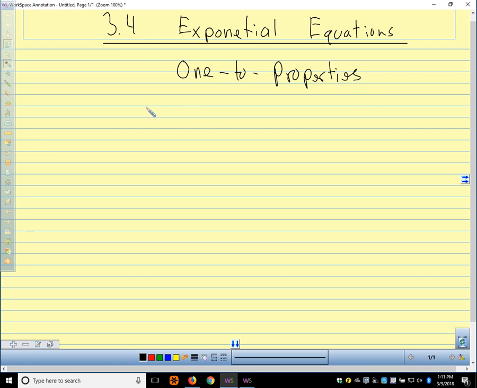Our one-to-one properties tell us that a to the y equals a to the x if and only if y equals x. One to one. And we have a similar property for logarithms.